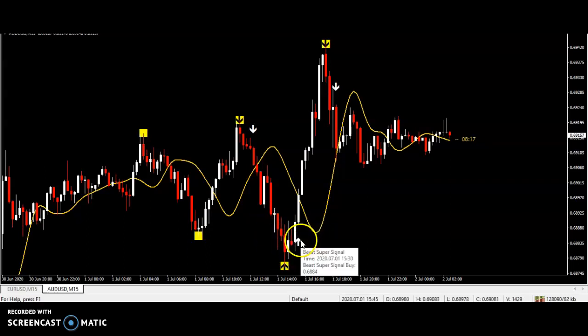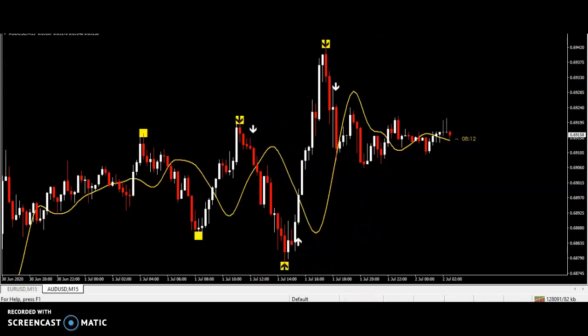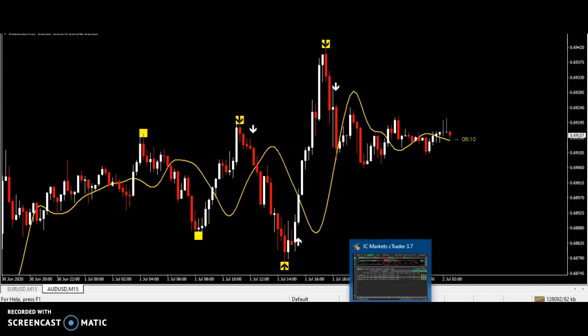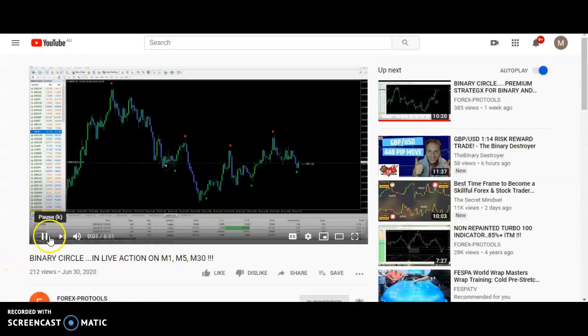That arrow will keep moving until price changes direction. So that's one thing that I'll say gives away a repainting system. If you look at all these dots, every single one of these dots is a winner, and that to me proves that it's a repainting system. So I hope that's answered your question.